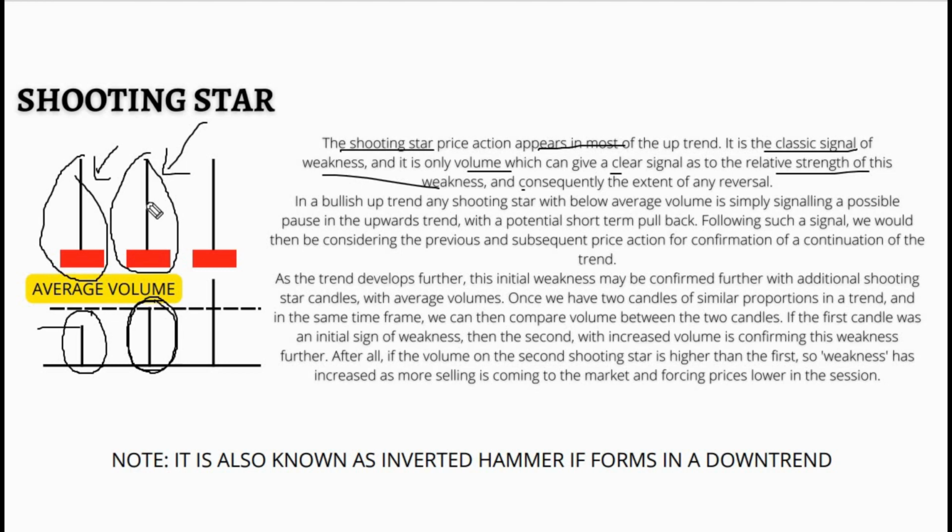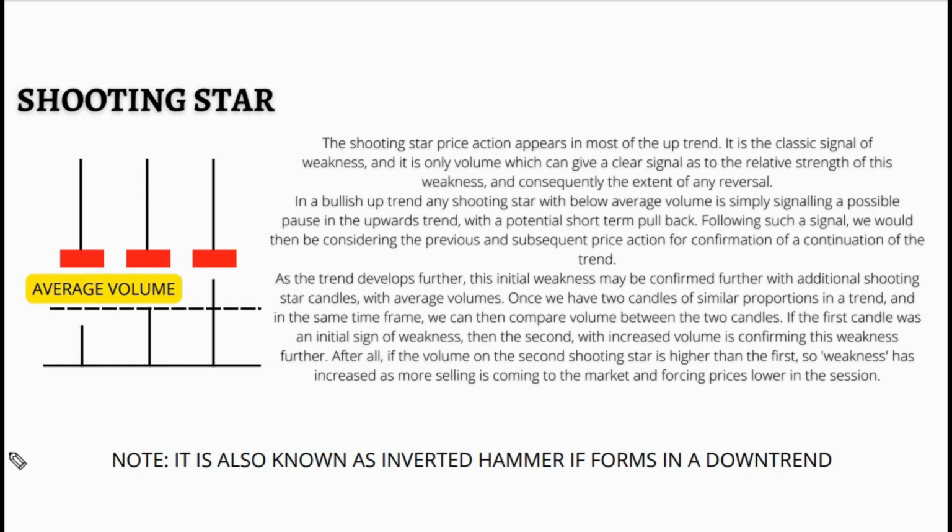So if we are in a trade in this uptrend and we see a shooting star candle formation with average volume, then we could say that markets could potentially take a small pullback. This should be in our minds, and now we could partially book our profits so that our profits are not lost.